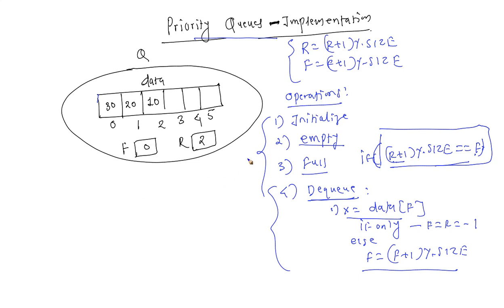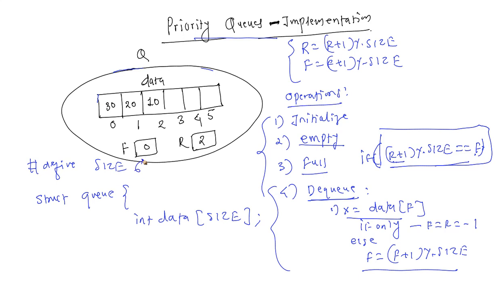And the structure also: in fact, this queue object, or abstract data type, is the same. Struct queue: int data of size. Size is a macro, right? #define size 6 here. The size of this queue is 6.